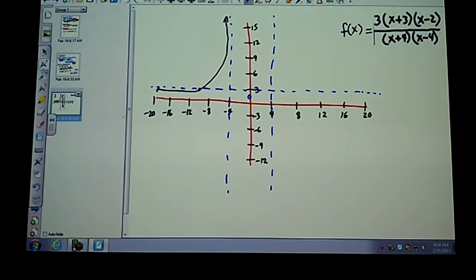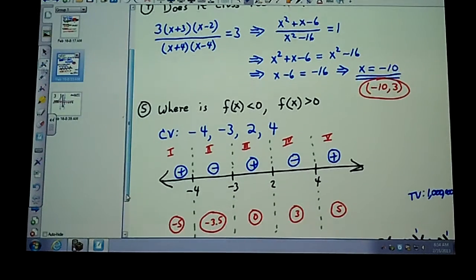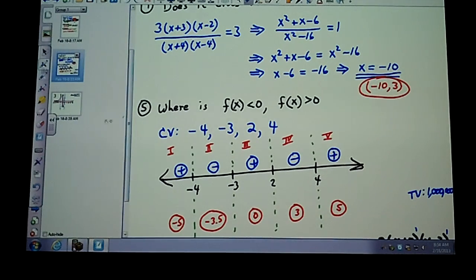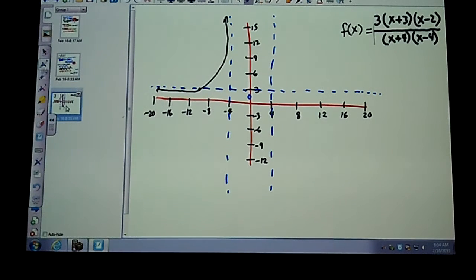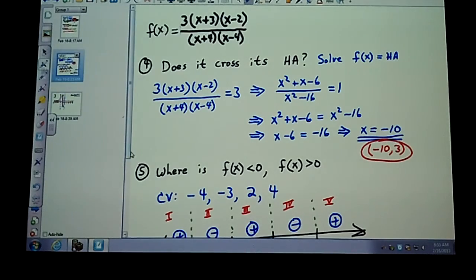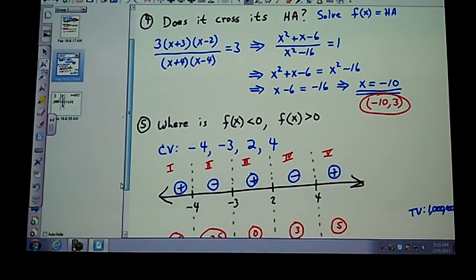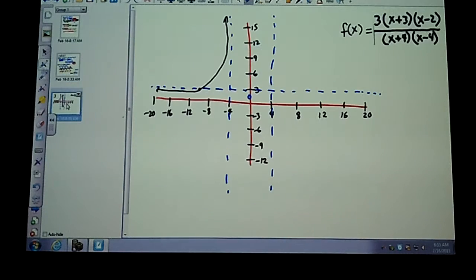So what do we have? The next, let me look back over here. So between -4 and -3, it's going to lie below the x-axis. Where is -3? -3 is actually where we have an x-intercept.